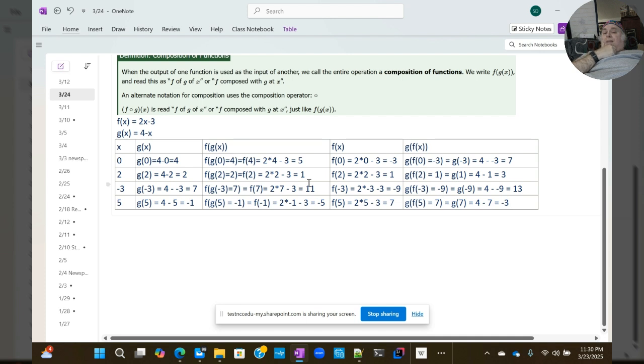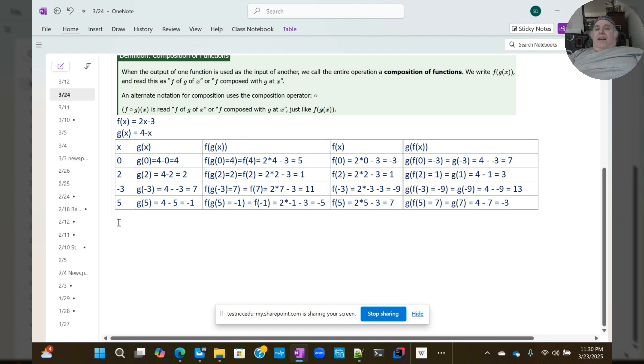So none of these numbers is the same. These are two very different functions, g of f of x and f of g of x.